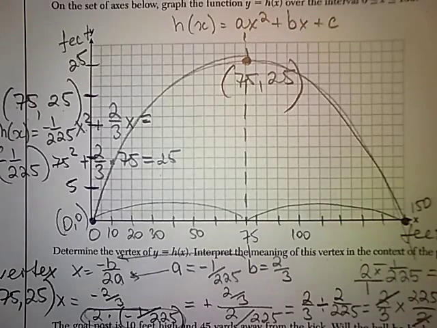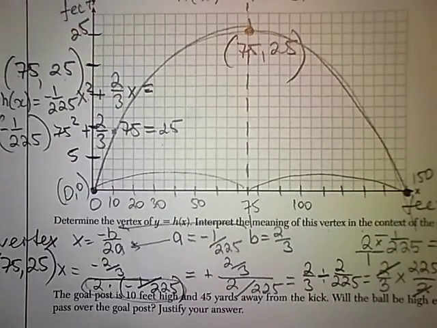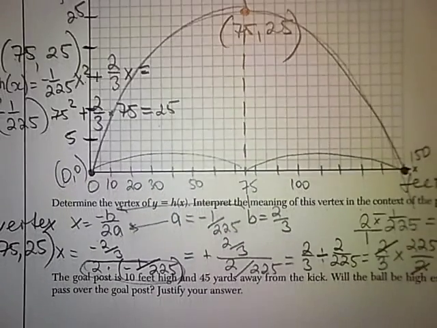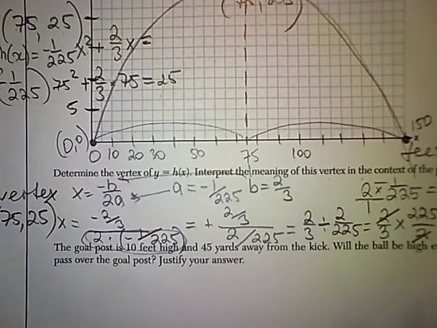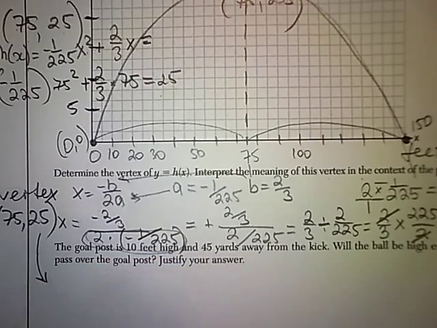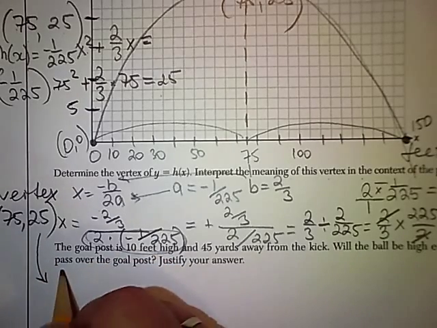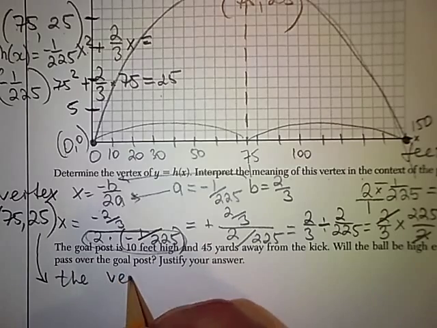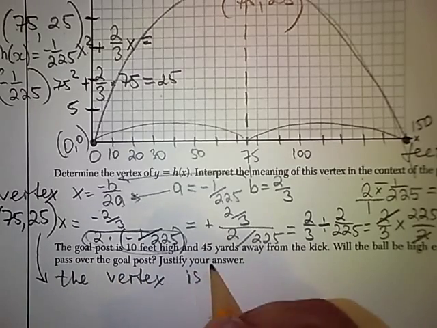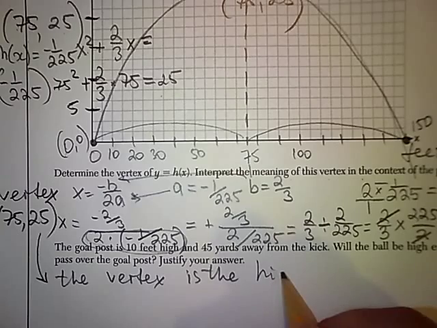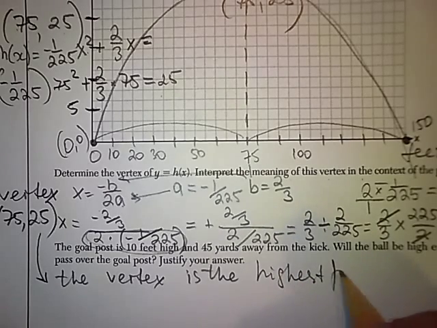So I would write that the vertex is the highest point, and when the ball has traveled 75 feet, the height is 25 feet, something like that. Okay, let me write it down. I don't have enough space, so let me write it at the bottom. The vertex is the highest point of the ball.